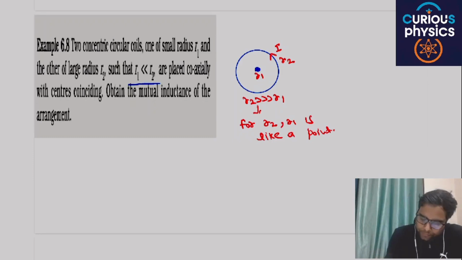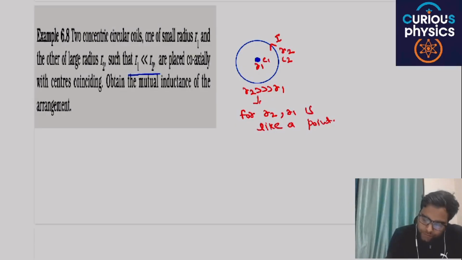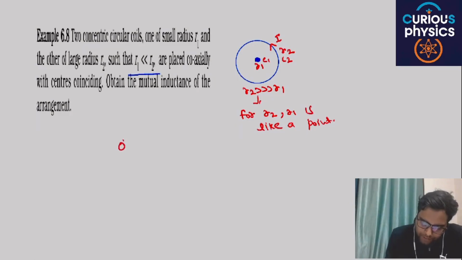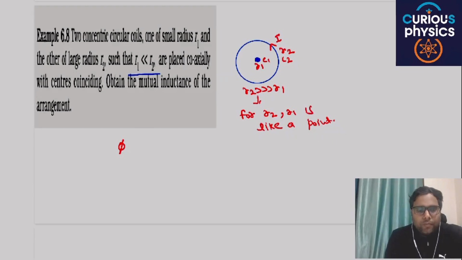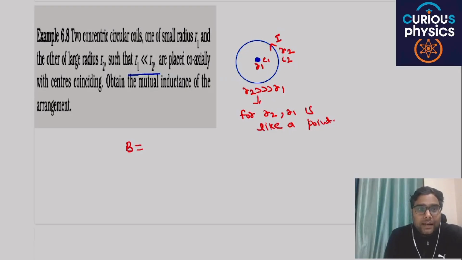Let's say the inner coil is C1 and the outer coil is C2. If you want to find the value of magnetic flux at the center, you first have to find the value of the magnetic field. What will be the value of the magnetic field at the center?